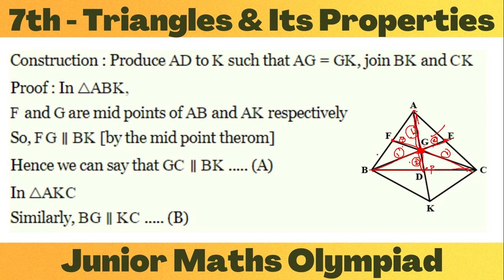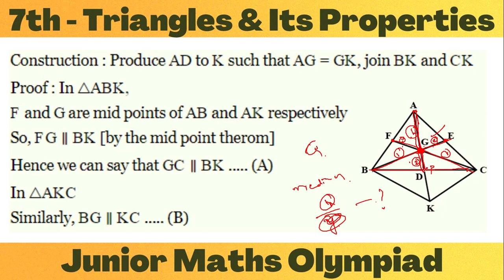The question is, this centroid G divides the median in two parts, but in what ratio? Suppose if it is X and if it is Y, what is the ratio of the two parts? That is the question. So for this, we have to do a small construction, children.